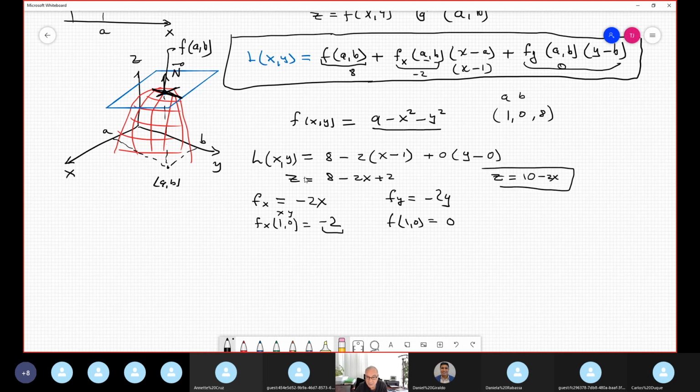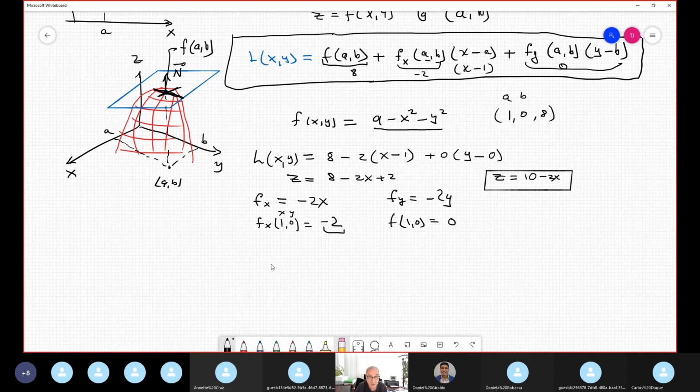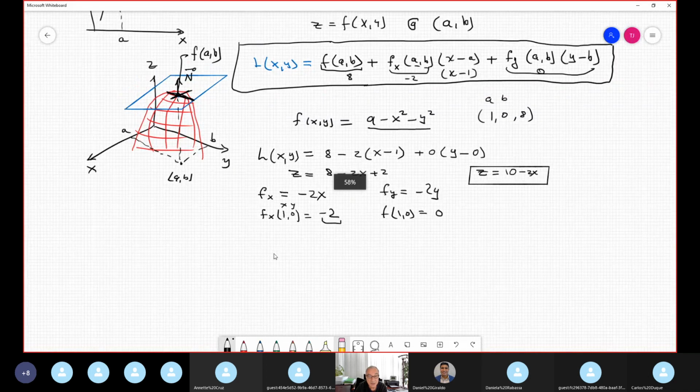Final answer: this is the plane that represents the linear approximation of this function at the point. And a curiosity: it's almost over. We will practice more examples of this in the next class.